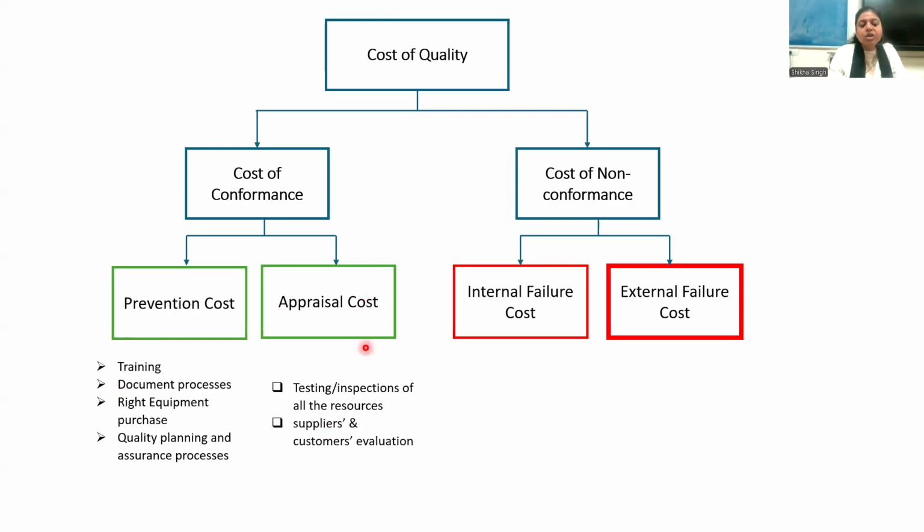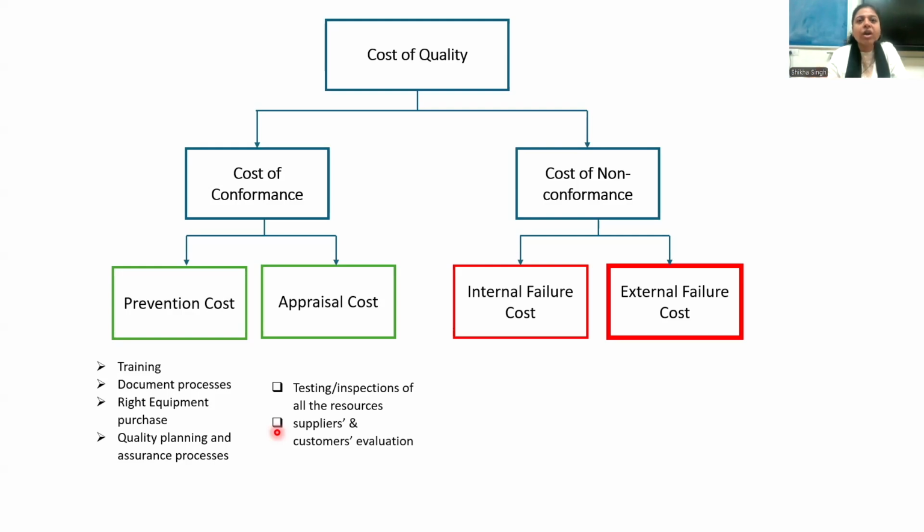And then appraisal cost. We test or inspect all the resources we have purchased from outside. We invest to monitor and inspect whatever components, raw material, inputs, equipments, testing devices, and all other direct or indirect resources we receive for our production or manufacturing plant, so that all of them meet my technical requirements.